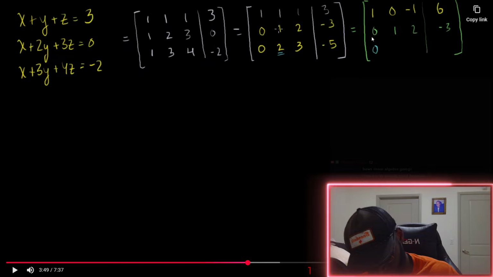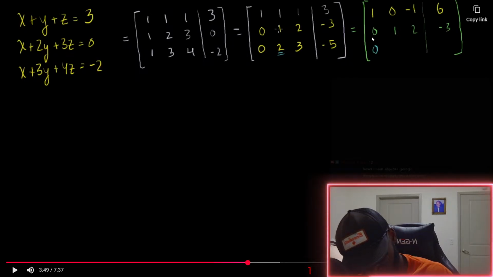Negative 3 minus negative 1 times 0. That's 0. And 3 minus 0 is just negative 3. And the last one is 0, 0, 1, 0, 1, 0, 1, negative 3.